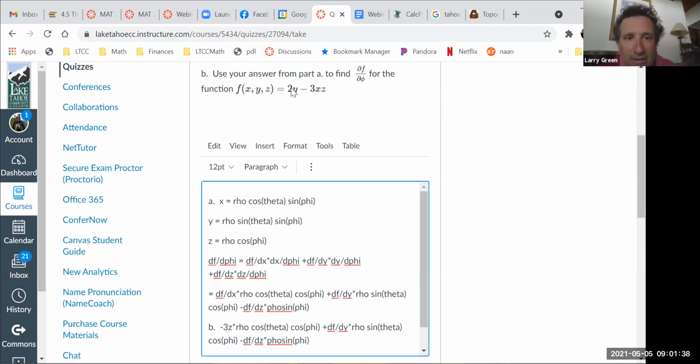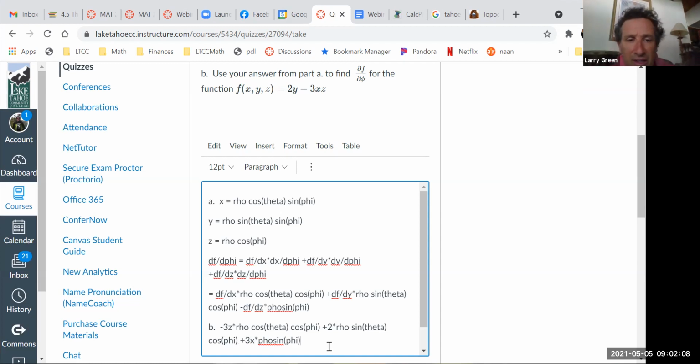Del f del y is 2, so where I see a del f del y, I just put a 2. And del f del z is negative 3x. So where I see a del f del z, I put a negative 3x. Negative negative is positive, and I get 3x. And there's the answer.